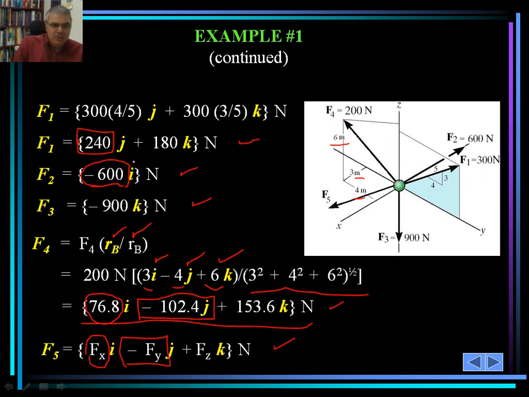I'm going to just use underlining on top. I'm going to put a double line on top of that to show the k component.